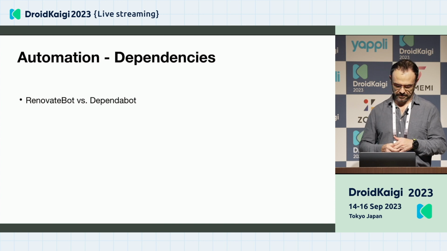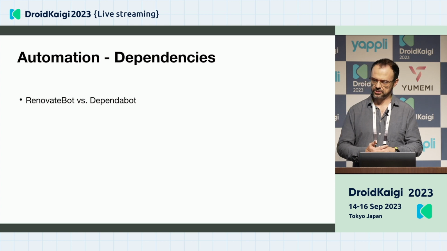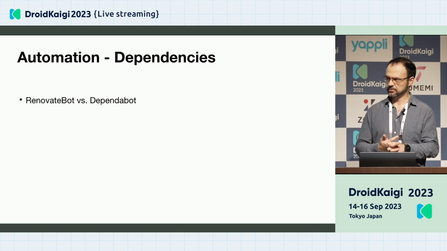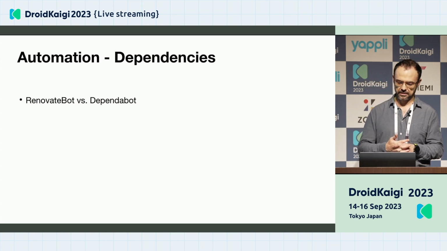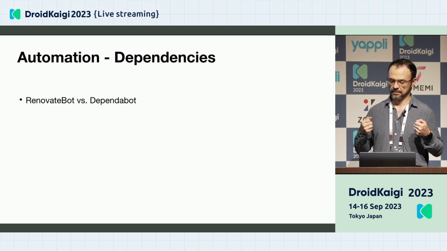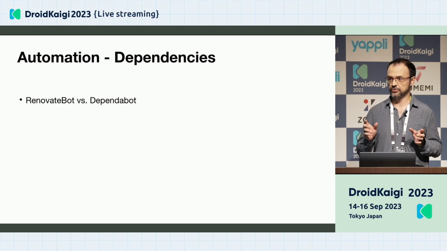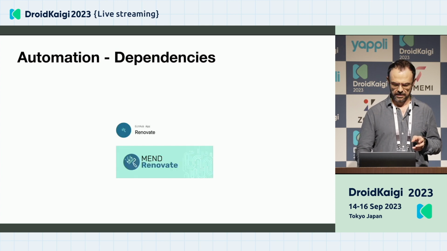Automation of dependencies. There are two mechanisms that are used today. One of them is RenovateBot, and the other one is Dependabot. They take care of your dependencies. They update the dependencies of your library every time there is something new coming up, like a new Kotlin version or a new Retrofit version or whatever, and you don't need to individually check them.